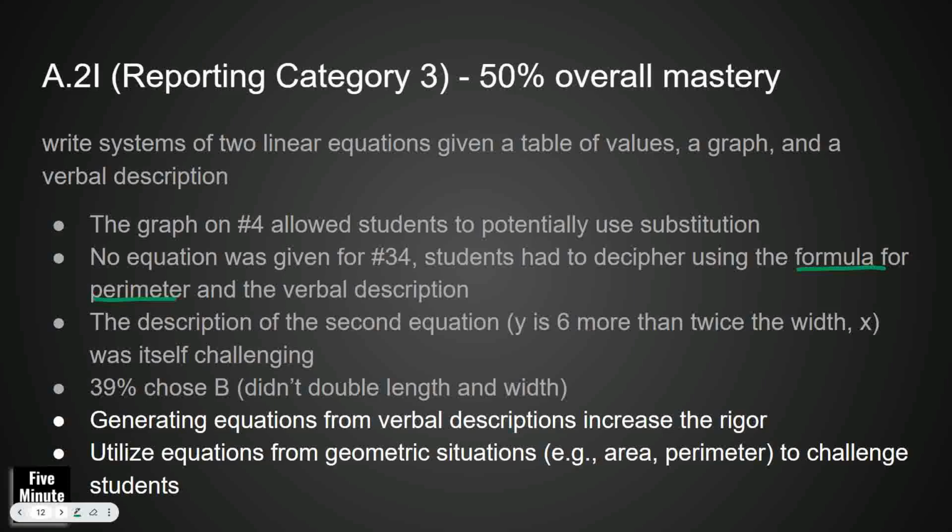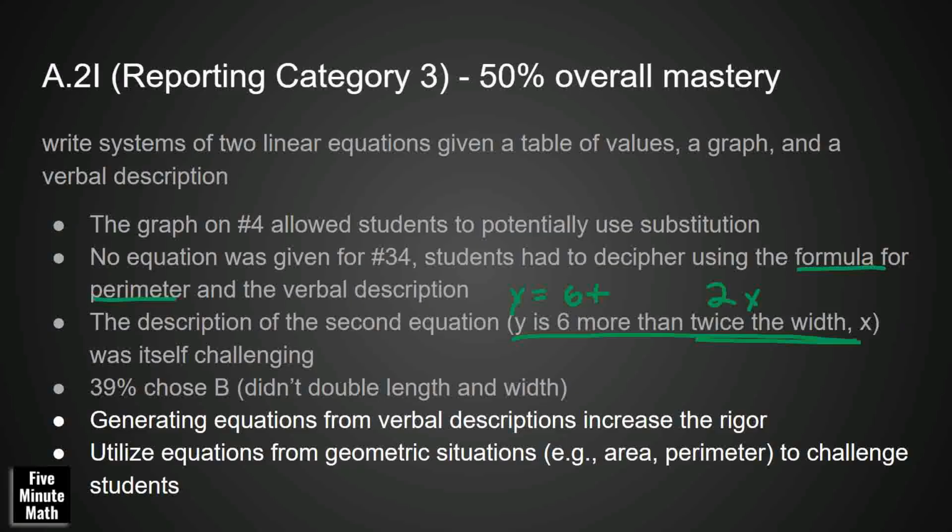So the description of the second equation, y is 6 more than twice the width of x, that's where the challenge comes in. This is where we need students to have some practice with y is, right? That is equals. 6 more means 6 plus twice x. It's right there, but we just need practice getting that from the words into an algebraic representation.